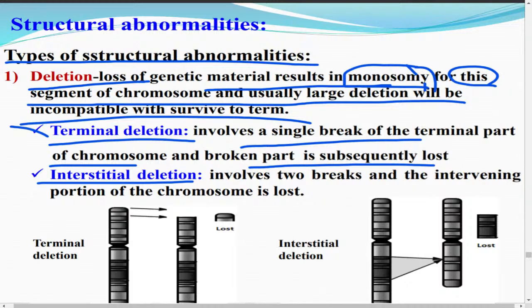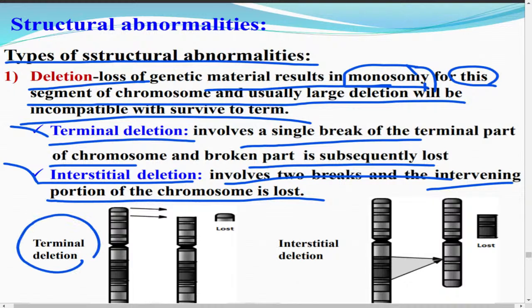The interstitial deletion involves two breaks, and the intervening portion of the chromosome is lost. This one is terminal, and this one is interstitial.